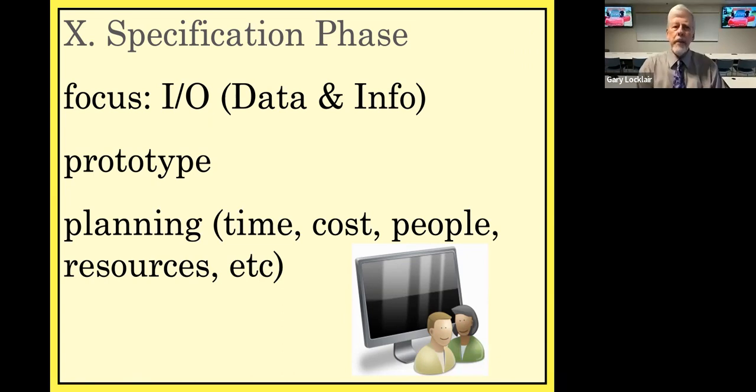The other thing that happens during specifications, we won't be able to do, we'll just have to talk around it, is a planning document. We need to estimate the time it will take to create this product. We need to estimate the cost of this product. We need to estimate how many people, and by people, I mean computer scientists, software engineers, developers.